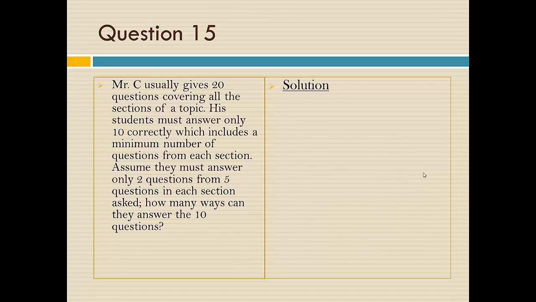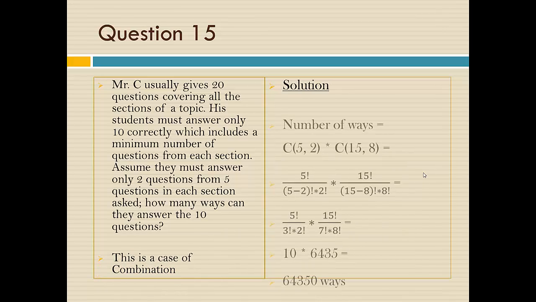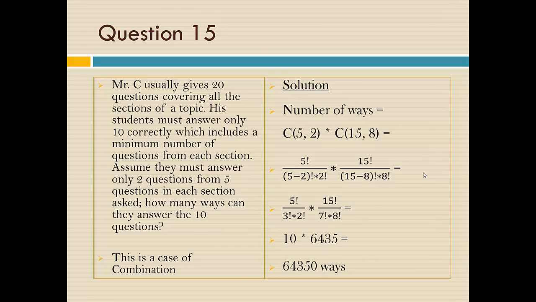So this will be 5 combination 2 times 15 combination 8. This is a case of combination. And when you do that, you now have 64,350 ways. Got it?